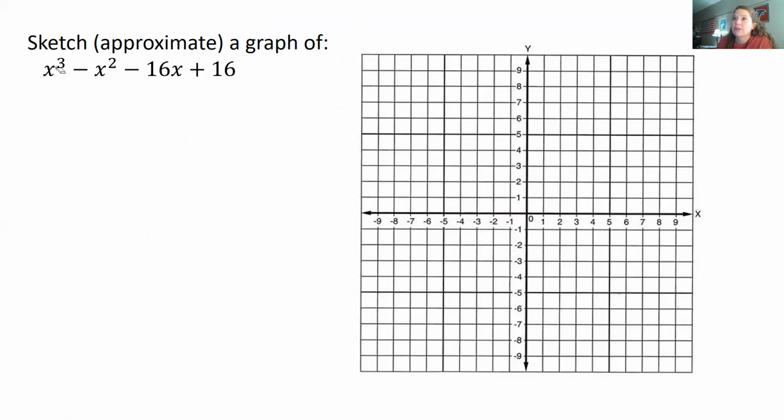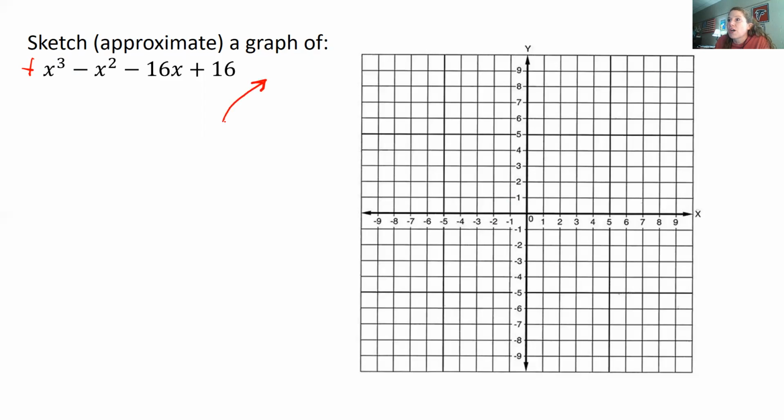All right, now the thing about cubic functions, when we put it in standard form, when we find it's to the third degree, unless you do more math, like calculus style math, you can't really figure out exactly what the graph is going to look like, but you can estimate it. So remember when I told you, when the leading coefficient is positive, think of a positive slope goes up and to the right.